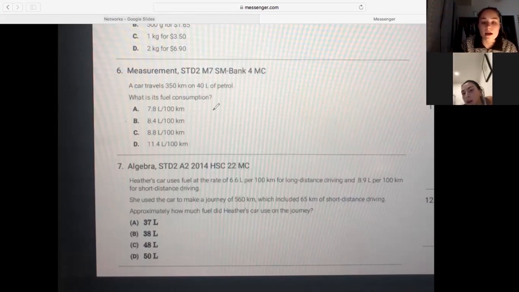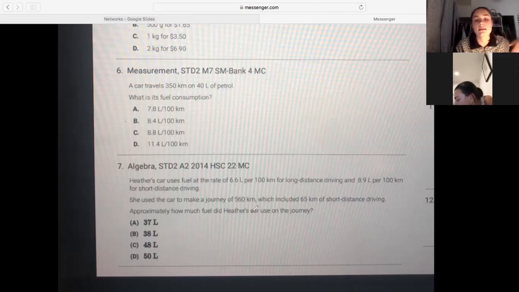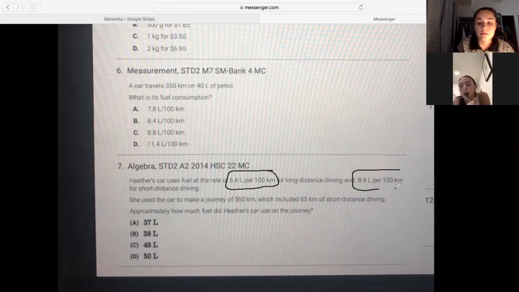So that's why the long distance driving fuel consumption is lower than the short distance one. That's pretty much what it means. Okay.